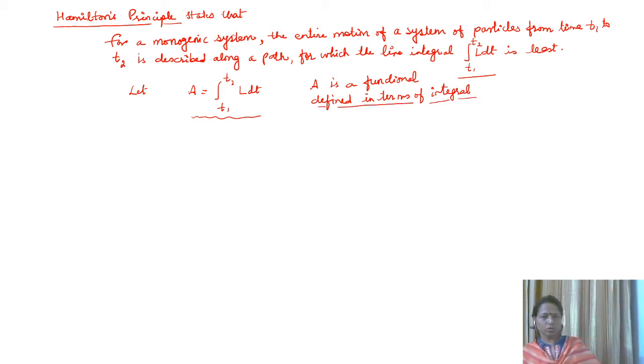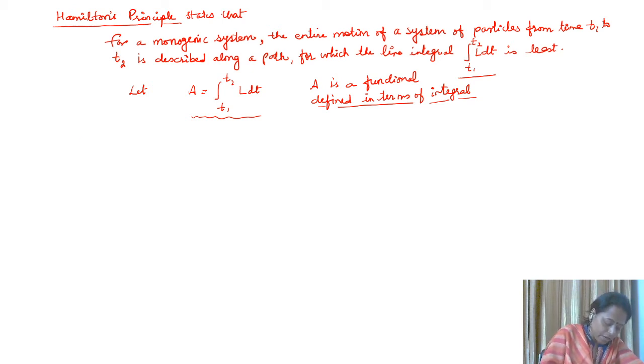Now there are two or three ways to derive Lagrange's equations of motion with the help of Hamilton's principle, of which I am telling you the first approach. Because you are dealing with a system of particles, we will derive the Euler-Lagrange equation for the system of particles. So we will use the calculus of variation technique for more than one variable.